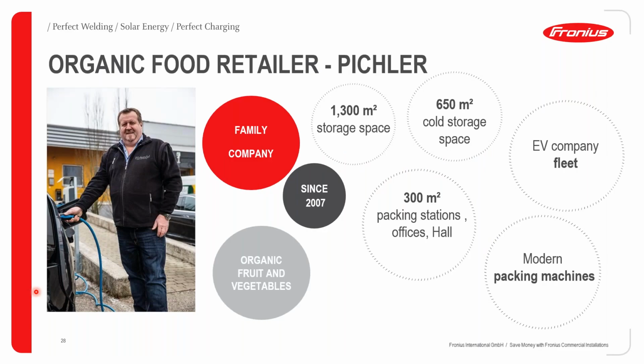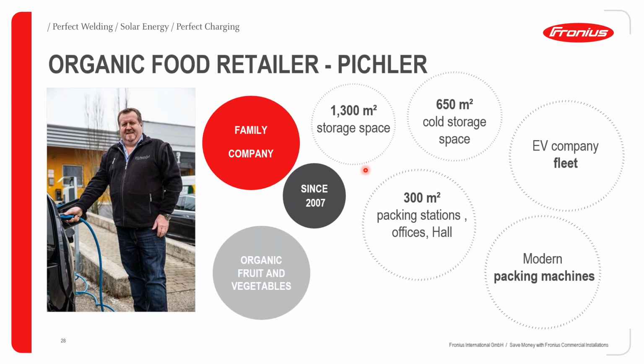Okay, so we're going to take a reference here from an organic food retailer. His name is PICHLER, who runs the company Biohandel. It's a family-owned company that has been in existence since 2007, and basically deals with organic fruit and vegetables.